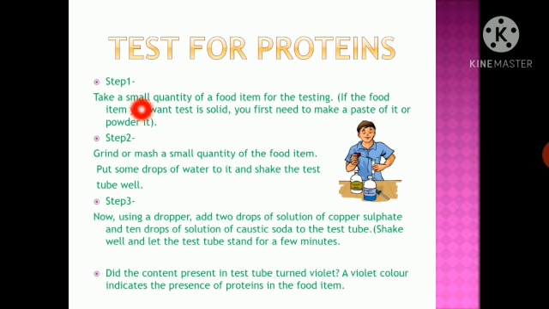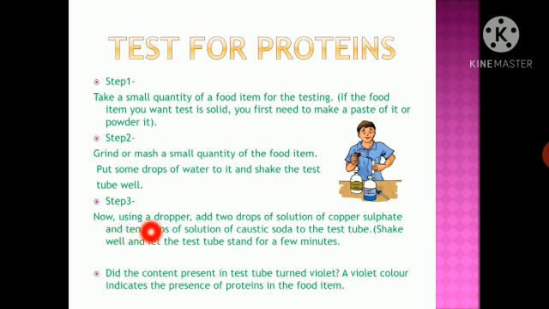Test for proteins. Step 1. Take a small quantity of food item for the testing. If the food item you want to test is solid, you first need to make a paste or powder of it. Step 2. Grind or mash a small quantity of the food item. Put some drops of water to it and shake the test tube well.